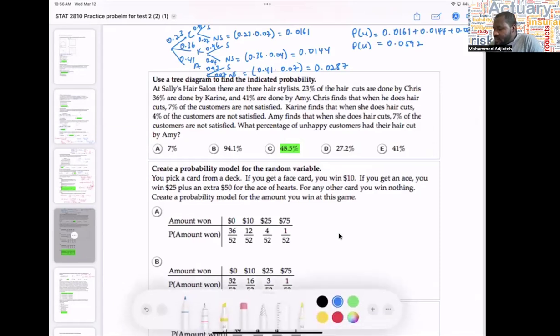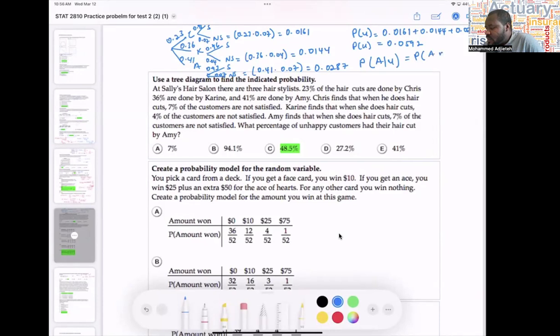So the probability you had your hair cut by Amy, given that you're an unhappy customer, is equal to the probability of Amy and not satisfied, divided by the probability of U. You could even use not satisfied; unhappy and not satisfied are the same thing.